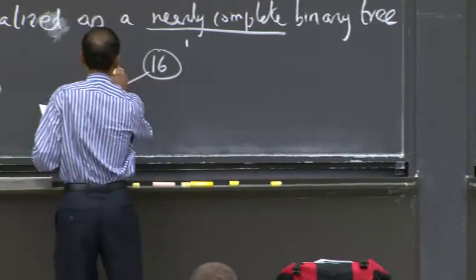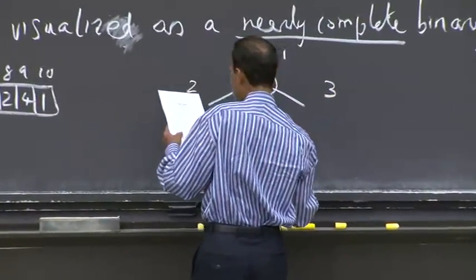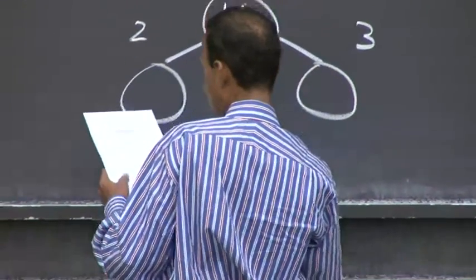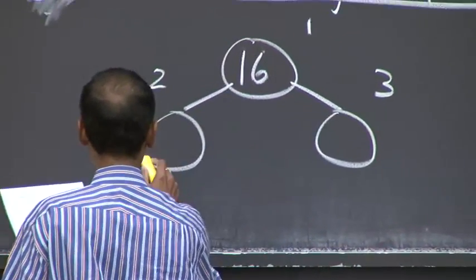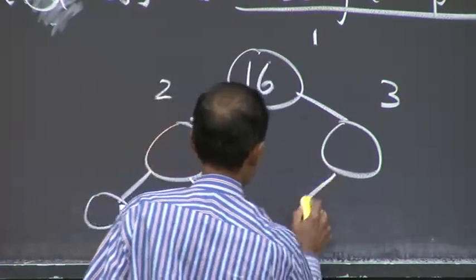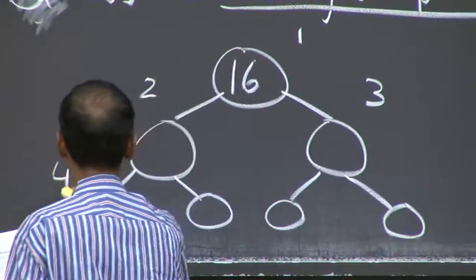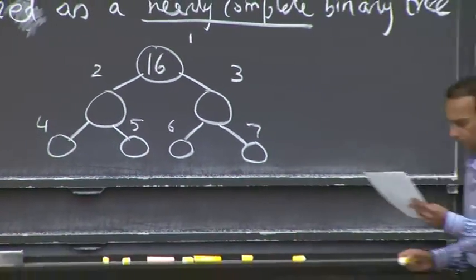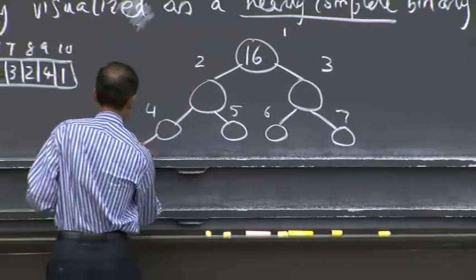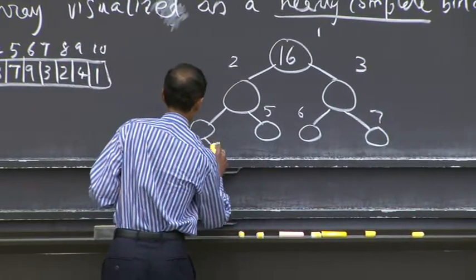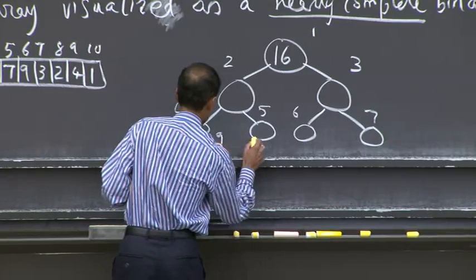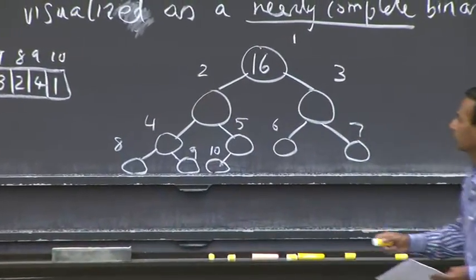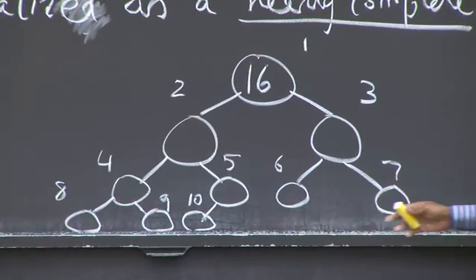And what I have are indices 2 and 3 are the children, and 4, 5, 6, and 7 are the children of 2 and 3, and 8, 9, and 10 are the children of 4 and 5 in this case.